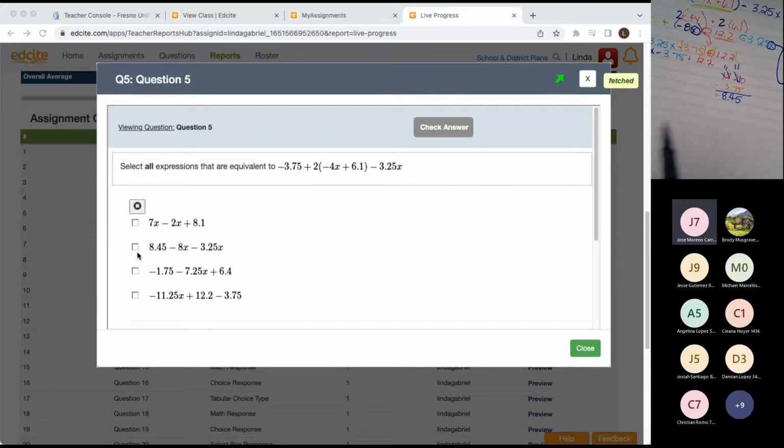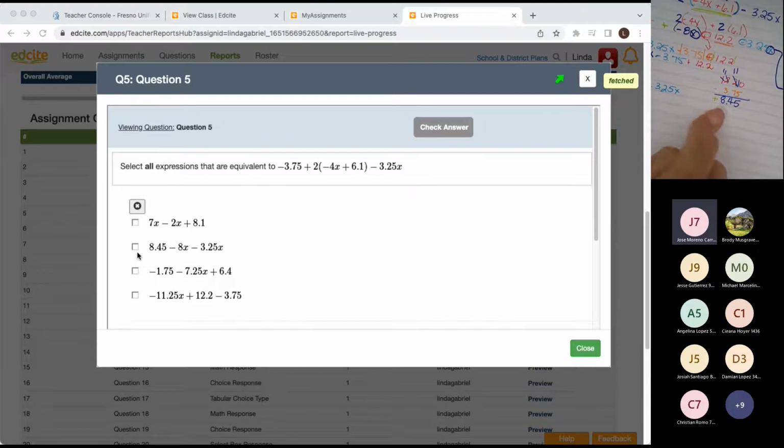Or I could have negative 8x minus 3.25x plus 8.45. So I can see that my first choice, 7x minus 2x plus 8.1, is not going to work out.